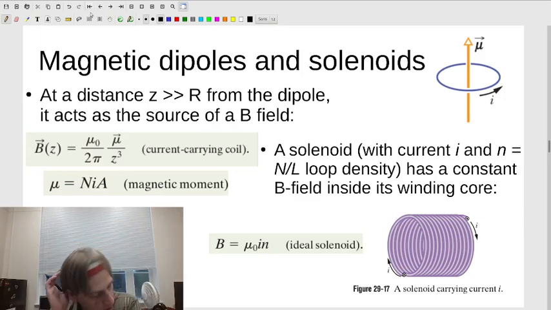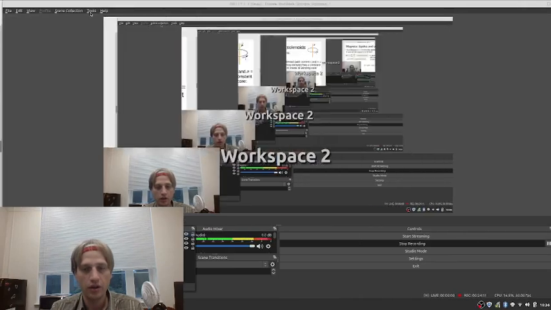Now, one of the other things that I just want to quickly review is that we've talked about current loops as a good way to generate magnetic fields.